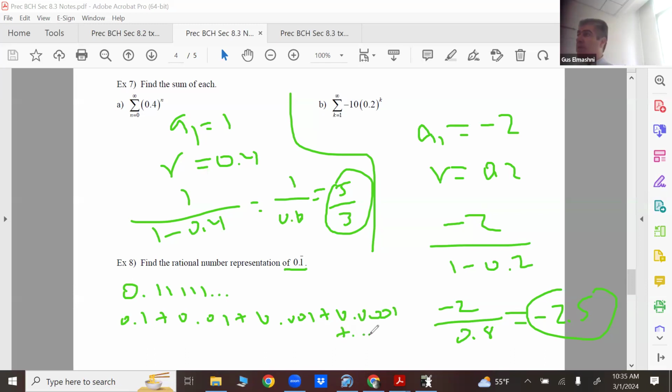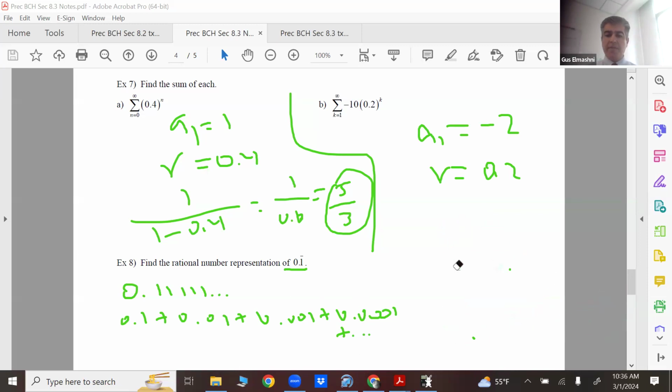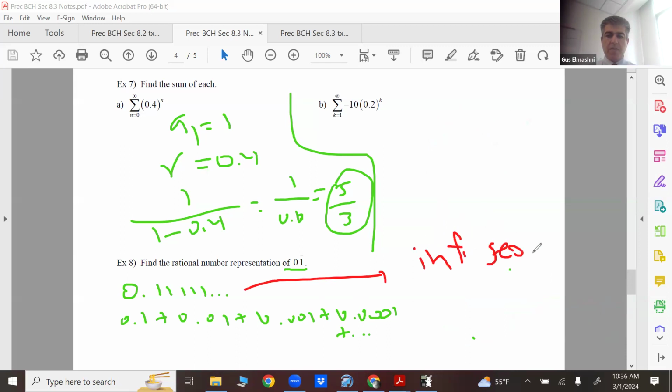So is this a geometric series? It is. What's the R value? What's the A value? A1, sorry. It's 0.1 also, yeah. So this is actually a totally infinite geometric series.